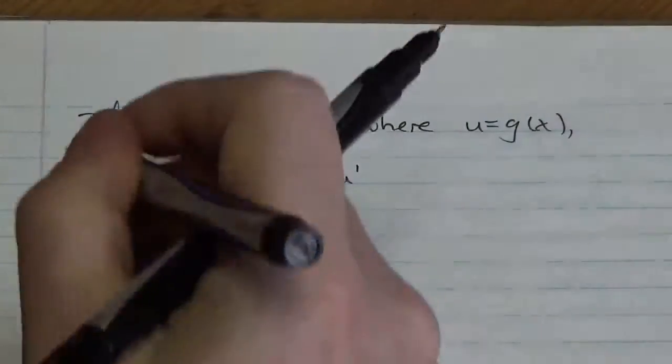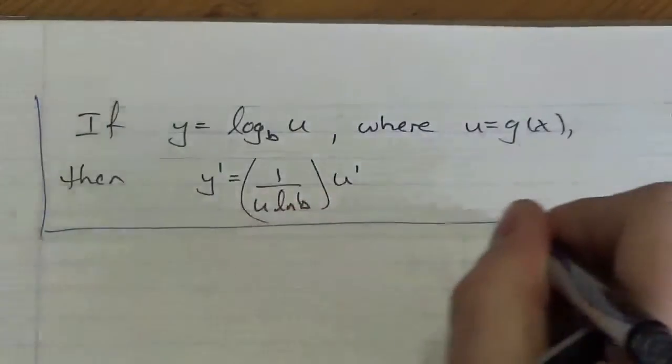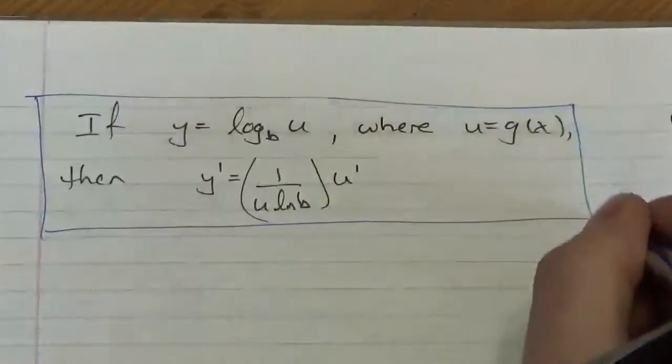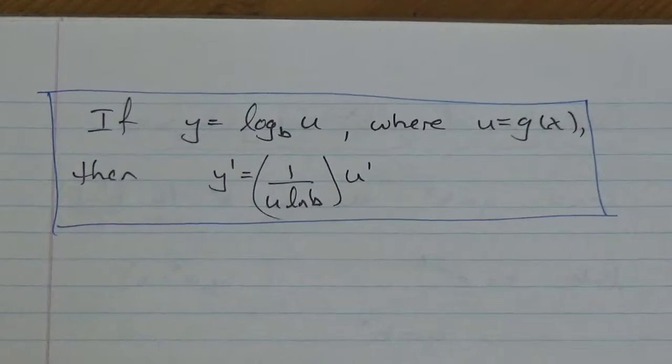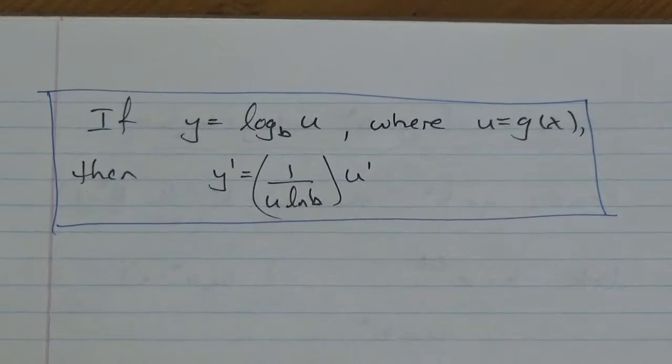And that's your rule for taking the derivative of a logarithmic function where the base is not equal to e, some other number. Let's just take a look at a couple quick examples and then we're good.